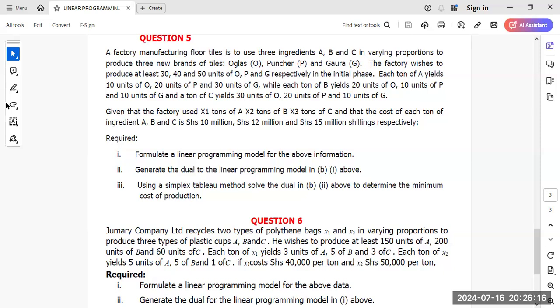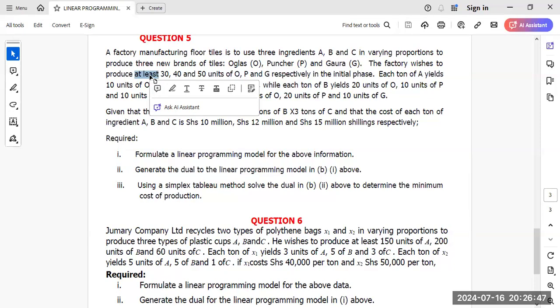So they are telling us that this factory wishes to produce at least. Every time you see that word, I say that you immediately create an option for the inequality.